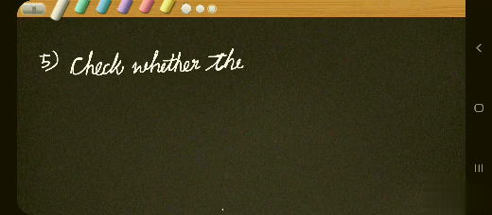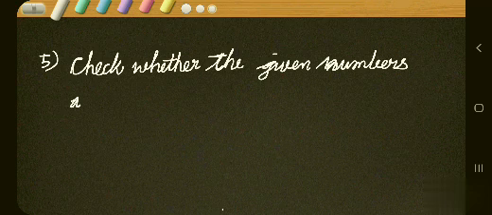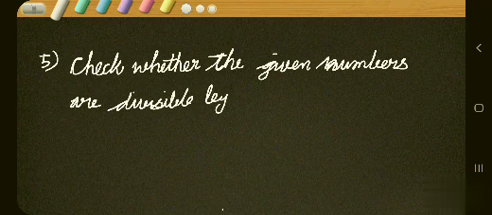Check whether the given numbers are divisible by 7 or not.